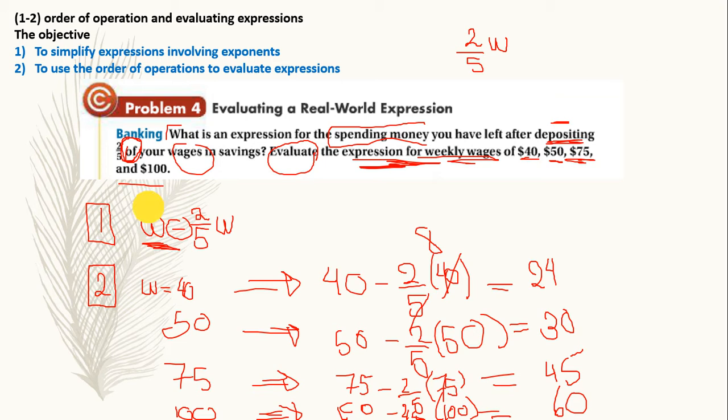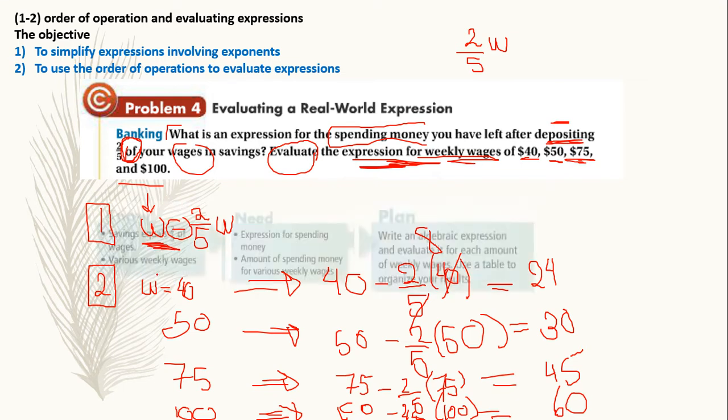This is your basic wages, which is W. Then I subtract from it what I'm depositing every week, 2/5 of my wages. That's why I wrote it like this. Then I easily evaluate the weekly wages in the expression each time and just calculate.